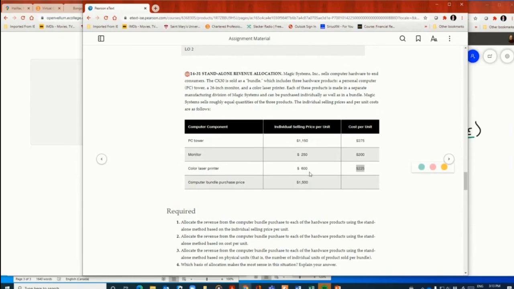Well, what if I started with printer first, right? So what if printer gets all of the money? What if monitor gets all of the money? And then whatever's left goes to the PC division, and they lose out on the $500, in terms of the contribution savings, the customer savings. So that's called the incremental model.